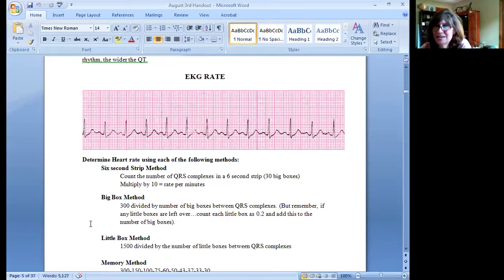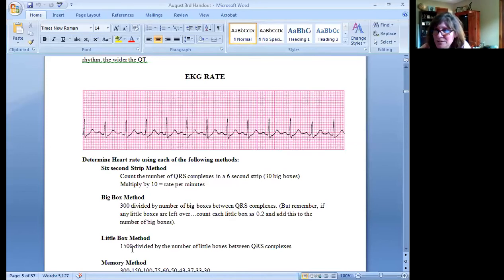Now on a test, am I ever going to say the rate of this EKG is A, 130, B, 136? No, indeed. Because it doesn't matter if it's 130 or 136. But I'm just saying there are more accurate, dead-on ways to calculate a rate. It's in the 130s. It's all relative. So that's my large box method.